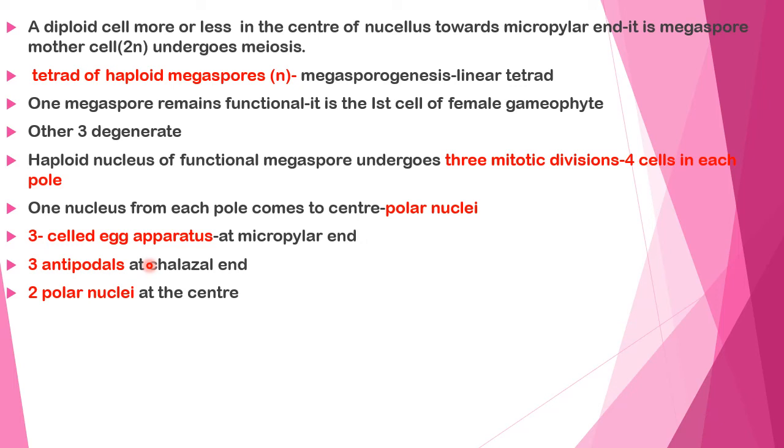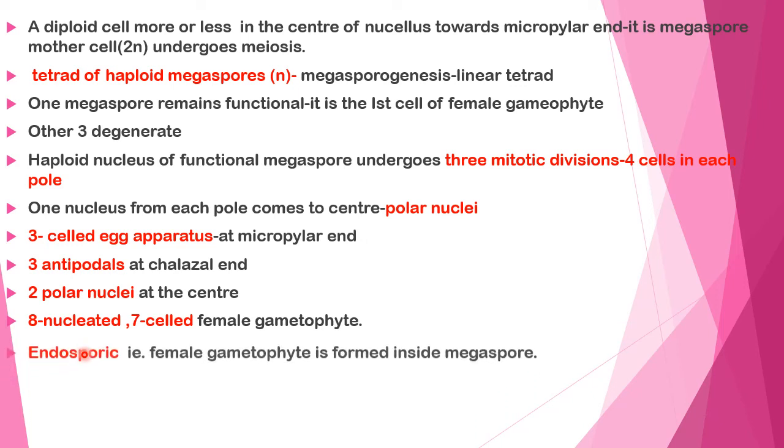I have already explained about the 2 polar nuclei at the center. So totally there will be 8 nuclei. It is an 8 nucleated, 7 celled female gametophyte. In these 8 nuclei, the central polar nuclei fuse together to form the secondary nucleus just before fertilization, and that way it becomes a 7 nucleated structure, 6 haploid and 1 diploid.